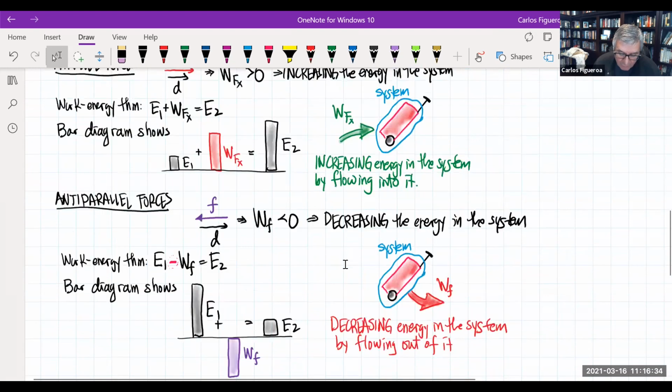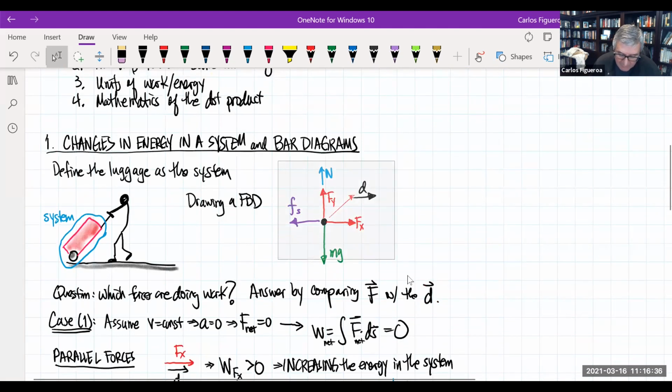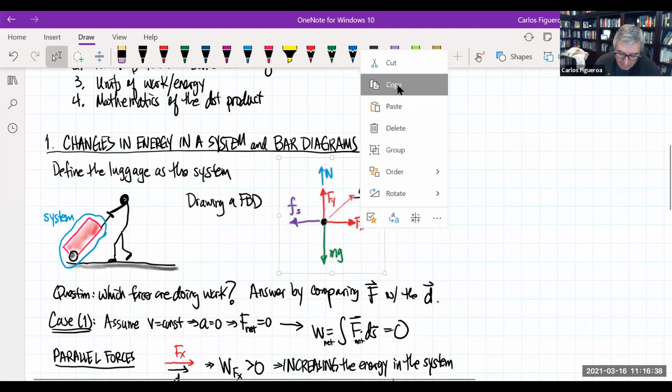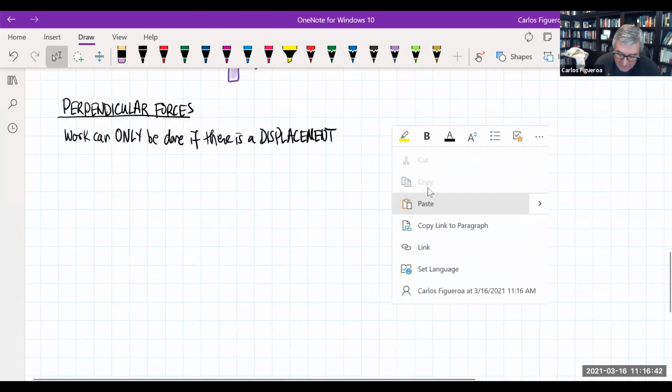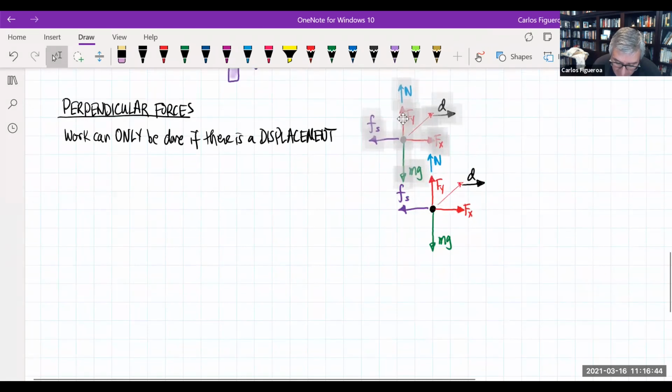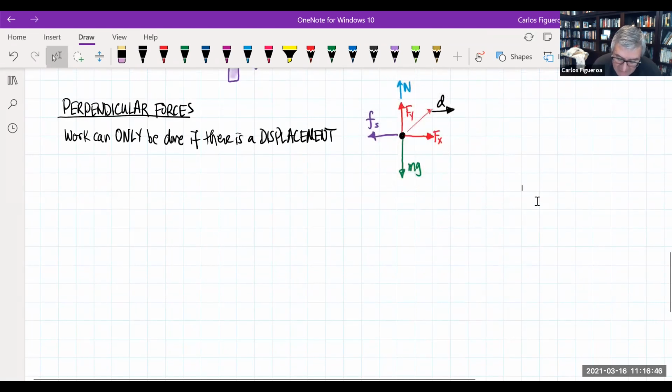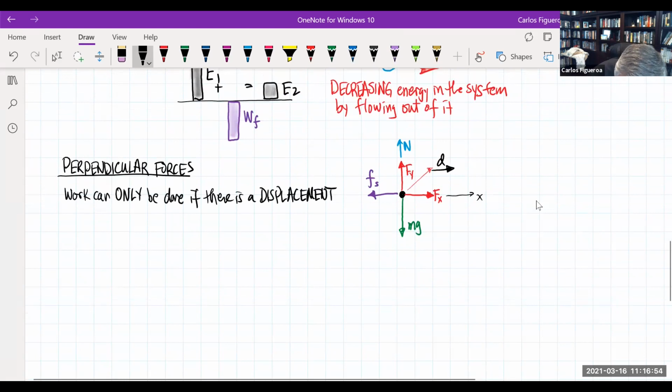But when I go to my free body diagram, let me bring this down here with me. What you're seeing here in this free body diagram, the displacement is along the horizontal direction. In this case, I can call that the x direction, whereas in the y direction, there is no displacement.